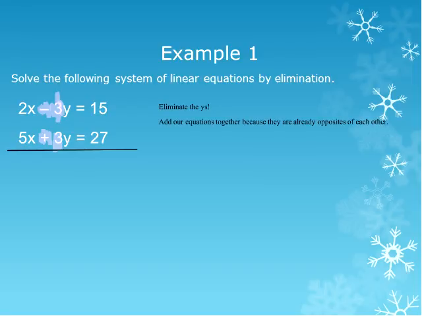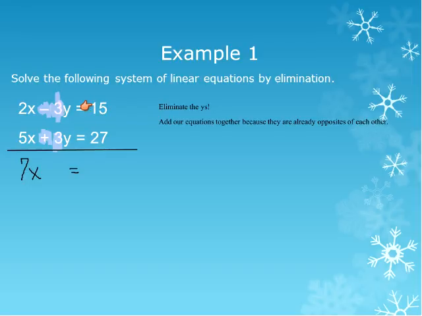So let's go ahead and add the equations together. What is 2x plus 5x? That's our 7x, right? The y's, when we add them together, go to 0. We have to have that happening. Negative 3y plus 3y has to go to 0y. So if it goes to 0y, we don't even write it.